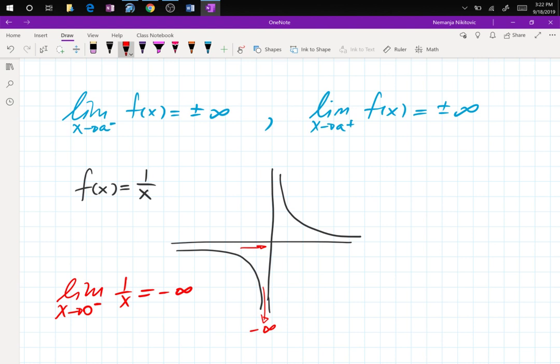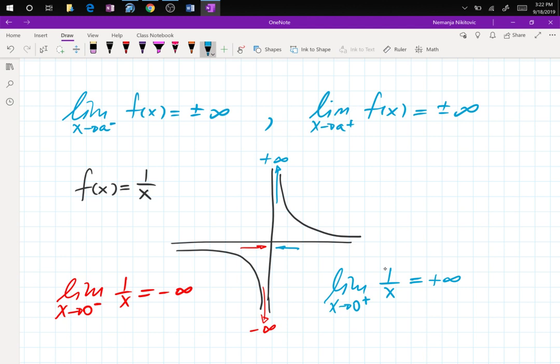In this case, y shoots down to negative infinity. On the other side, the Romeo side, the limit shoots to positive infinity. x goes to 0 plus, because that's the notation from the right from last class, and we get positive infinity going up there.